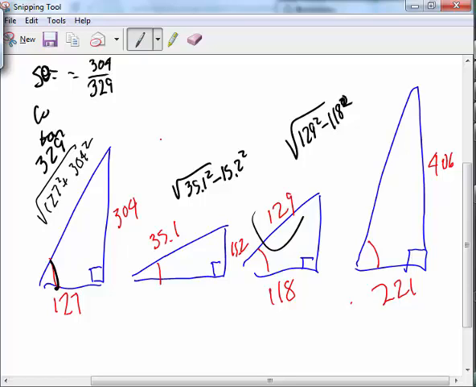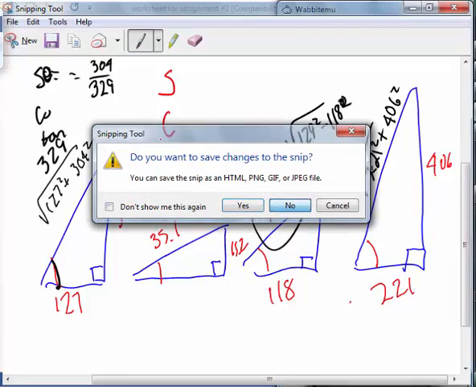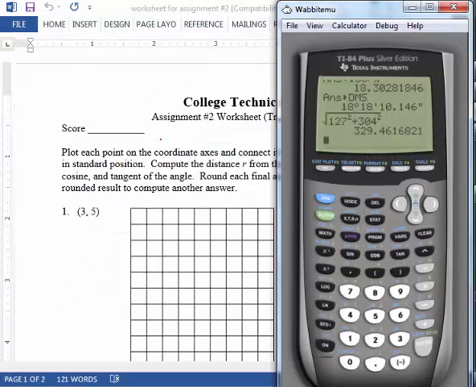And in the last case, we're looking for the hypotenuse, so it will be the square root of 221 squared plus 406 squared. Remember, once you get that done, you have to get sine, cosine, and tangent for each one of those different sides.